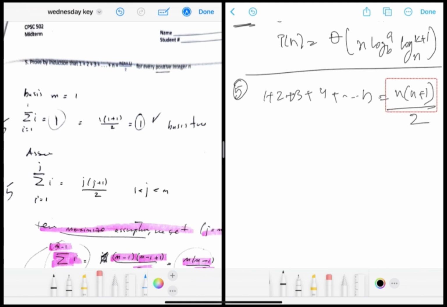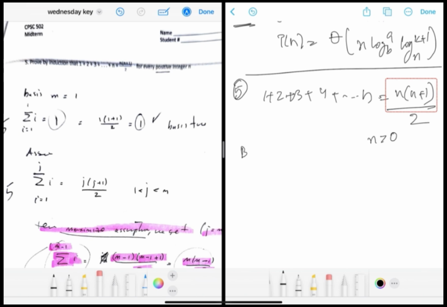Also n is a positive integer, so n is greater than 0. So first of all, if we want to do an induction proof, there are a few things: we have to have a base case, we have to make an assumption, and then we'll prove. So first of all, let's go with the base case.